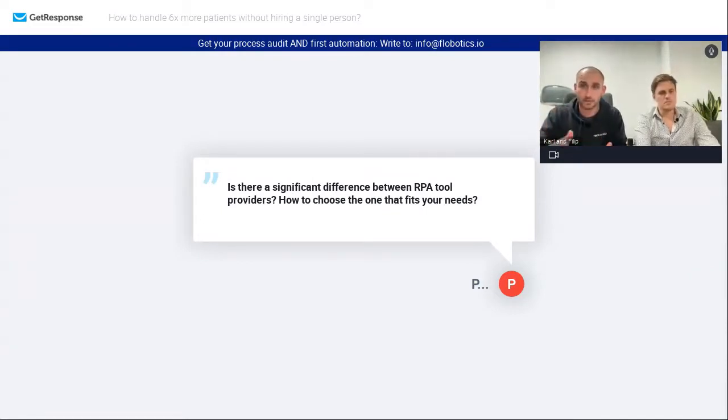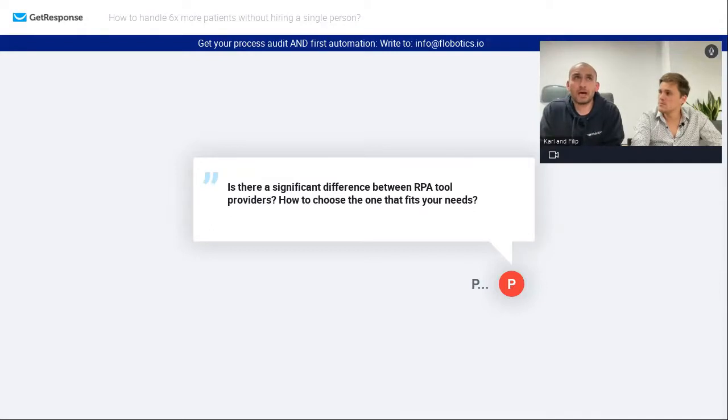Some are easier to use, some are more difficult to use, some have ugly layouts, some have nice layouts. So it depends on what the company is used to, what it likes, the developer community. There are more popular tools, less popular tools, more expensive tools. Can it be a case that one client has very different needs and ends up using a different solution than a totally different client?